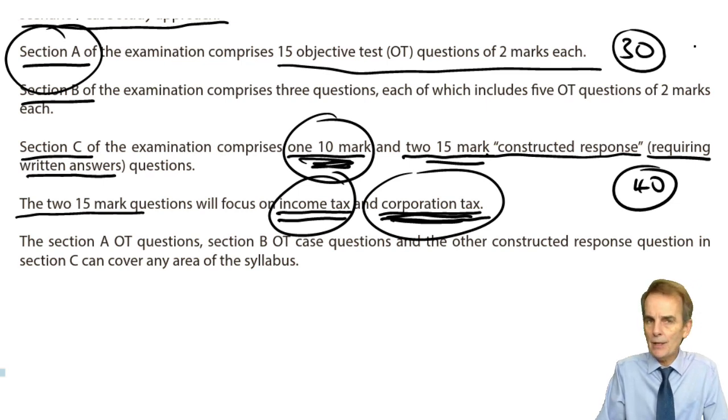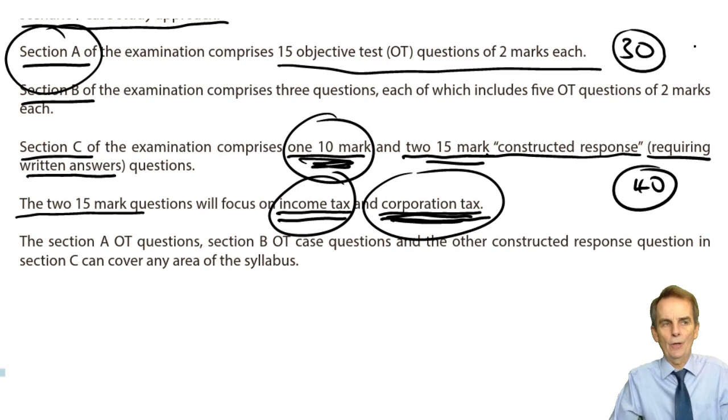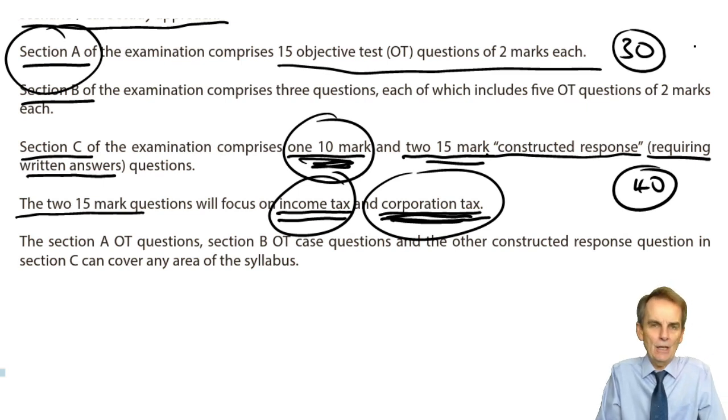Now, all of these outcomes are different. In the case of income tax liability and income tax payable, they may be different, they may be one and the same. Trust me, in terms of an objective testing question, they would give you sufficient information to be able to compute either tax liability or tax payable. You have to make sure you picked up the right one. So you've got to read the question carefully.